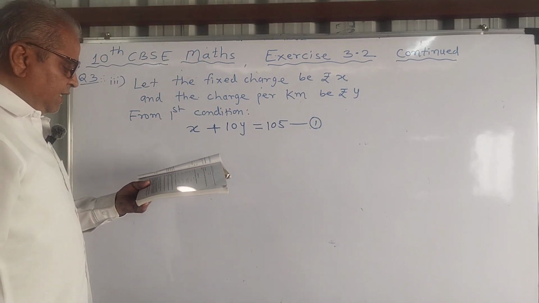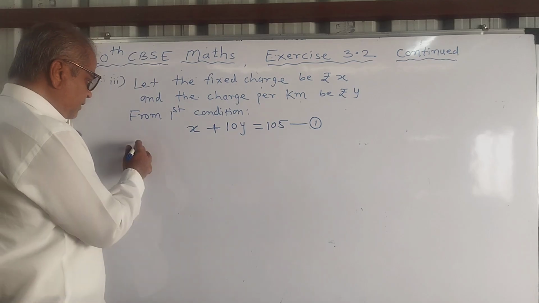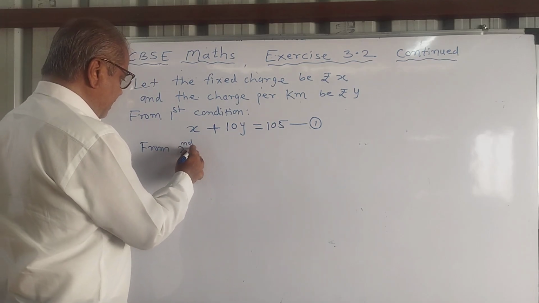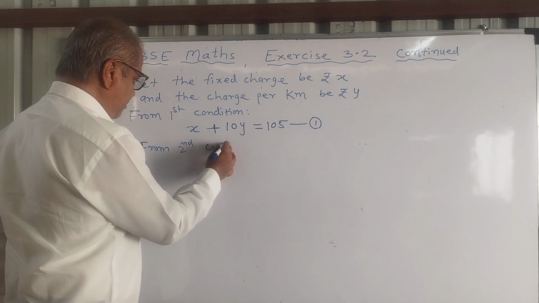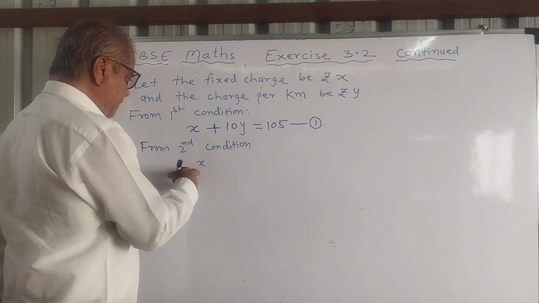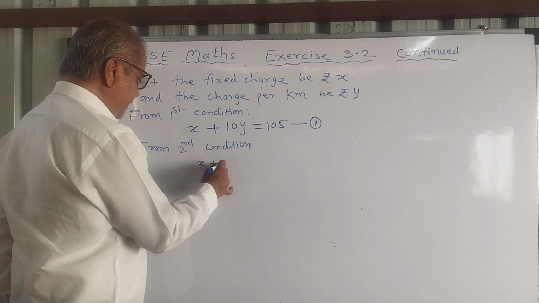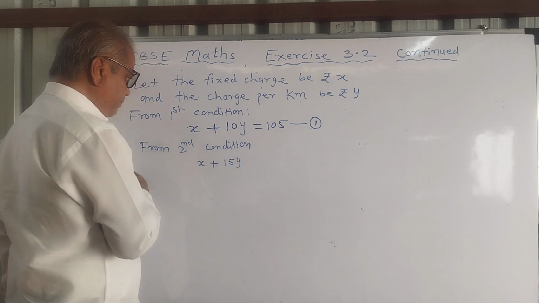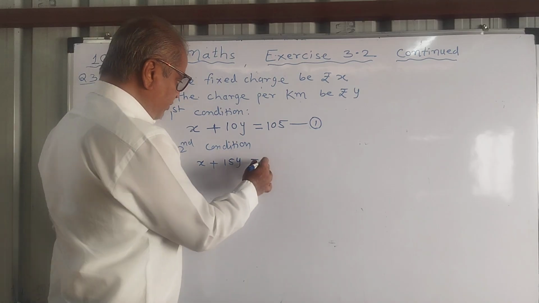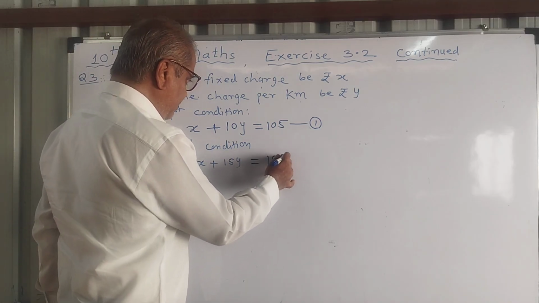And what is the second condition? For 15 kilometers. From the second condition I can write x fixed charge plus for 15 kilometers the charge will be 15y, it is 155 rupees.